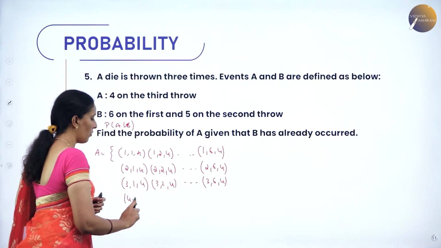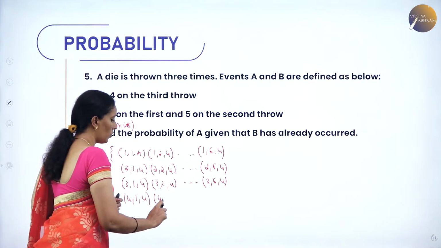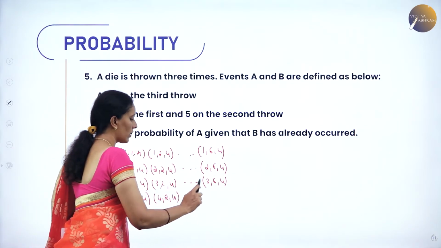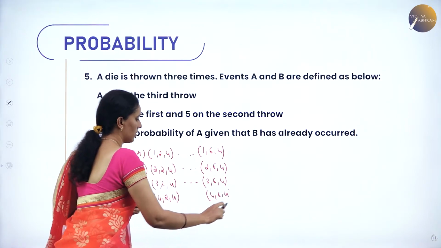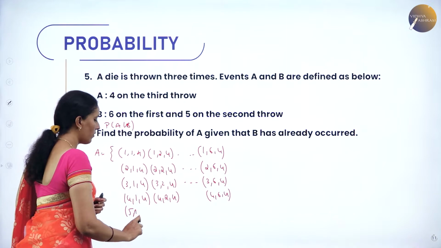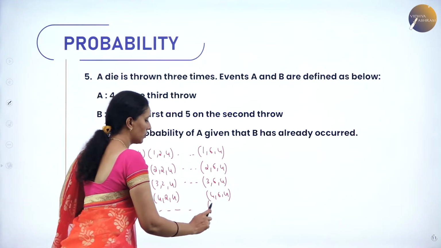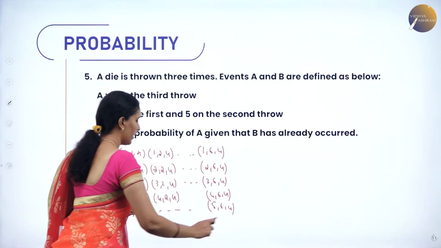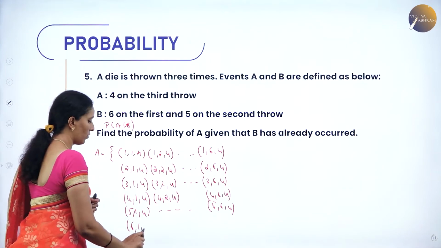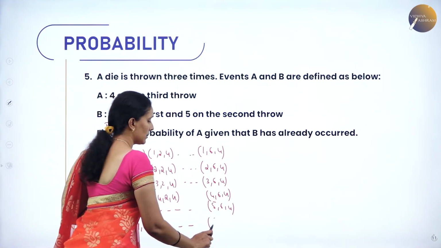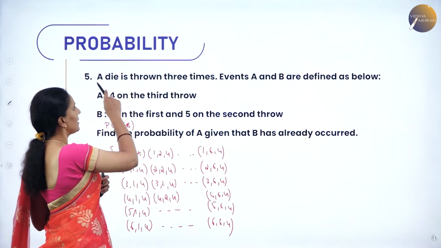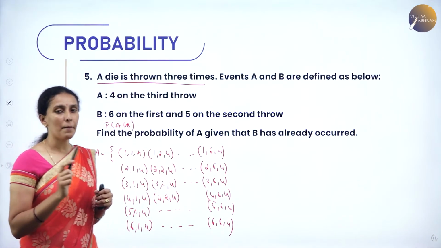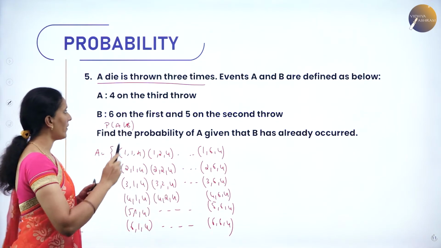Next, 414, 424, 434, 444, 454, 464. Next, from 514 to 564, and from 614 to 664 we can have. A die thrown 3 times means the sample space is n equal to 216.